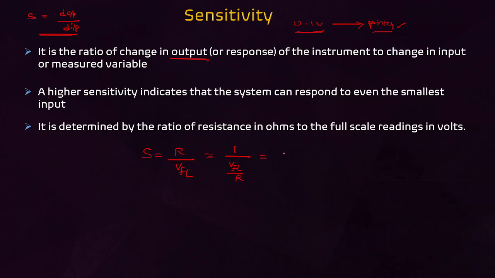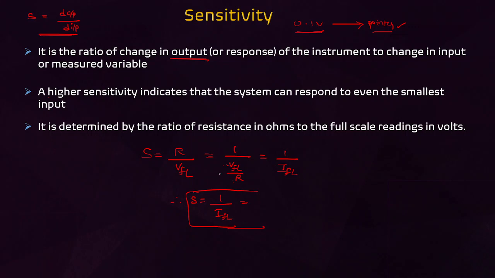So, he is defining it as the ratio of resistance to full scale voltage. Fine. So, we can also modify this as 1 by (V_FL by R). Fine. So, what is V by R? I, current, right? V by R is I, where it is at full load. Therefore, we can define sensitivity as 1 by full load current. Fine. So now, what is the unit?